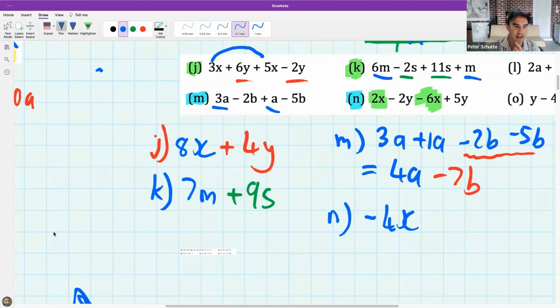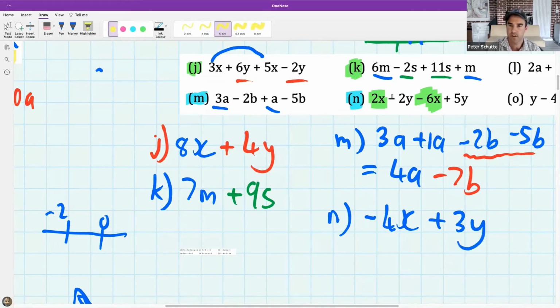Think about the number line. If you're at minus 2 on the number line, and you add 5, where are you going to end up? Okay, you're going to end up at 3, so minus 2y plus 5y gives me 3y.